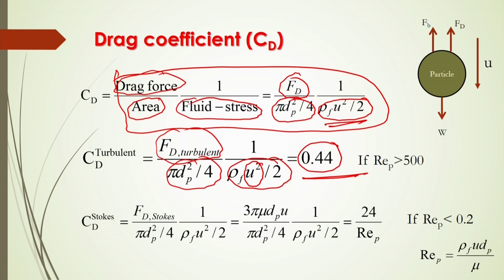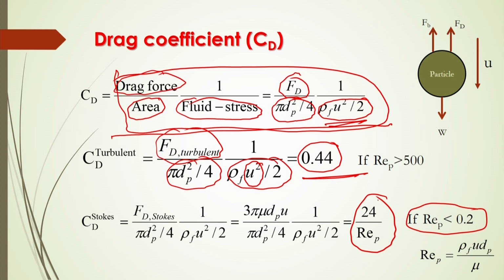Whereas in the Stokes condition, that means if the Reynolds number is less than 0.2, the drag coefficient is represented by CD Stokes equals 24 by Rep. Here it depends on the Reynolds number of the particle, of course.